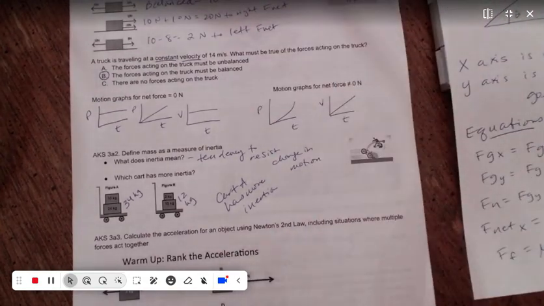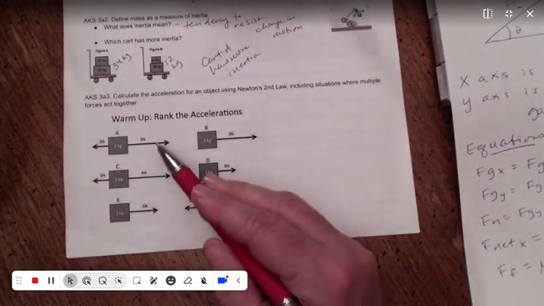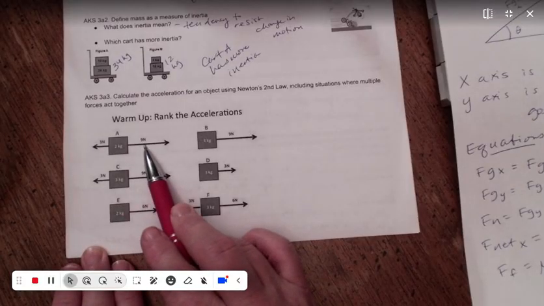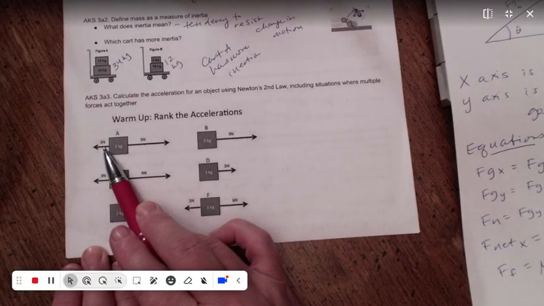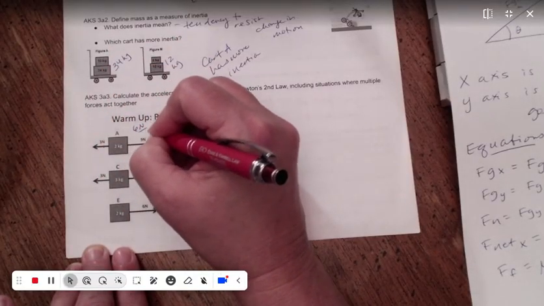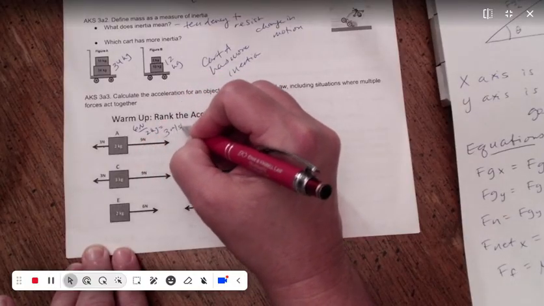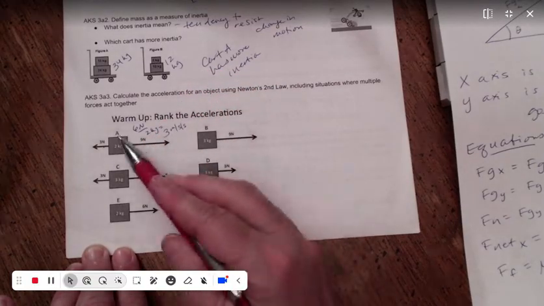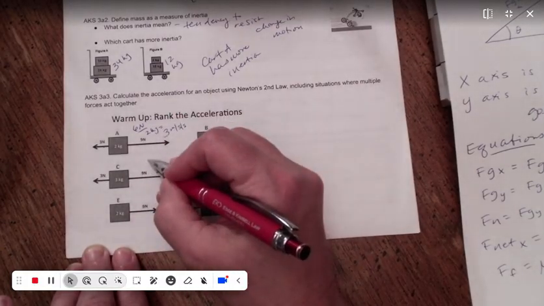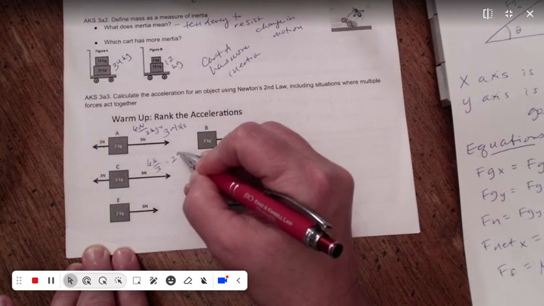And then the last one, we're going to rank some accelerations. So we're going to figure out the acceleration of each of these boxes. We've got 9 newtons minus 3 newtons is 6. 6 newtons divided by 2 kilograms gives me 3 meters per second for box A. C is 9 minus 3, 6 newtons divided by 3 for the mass gives me 2 meters per second.